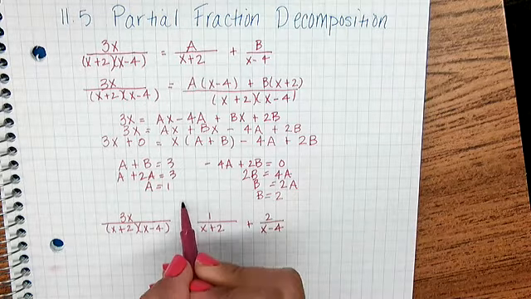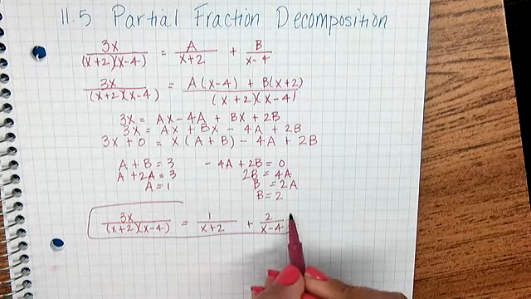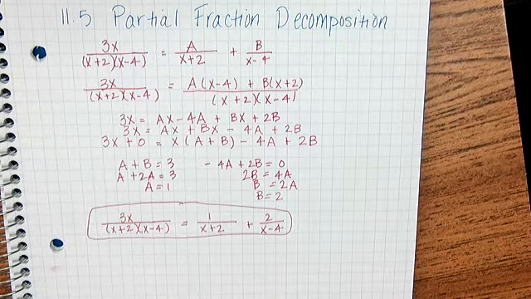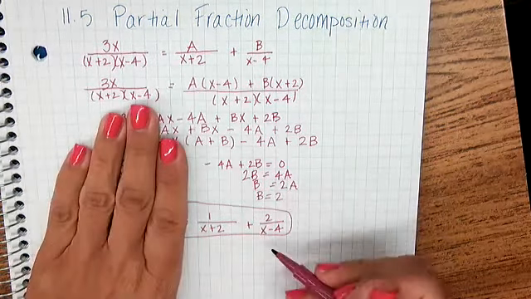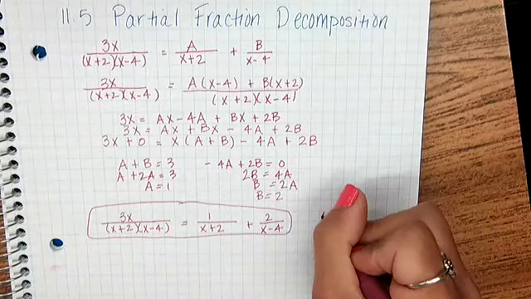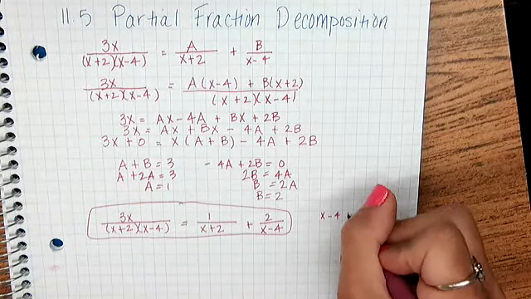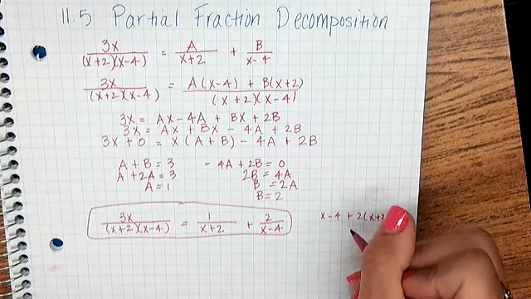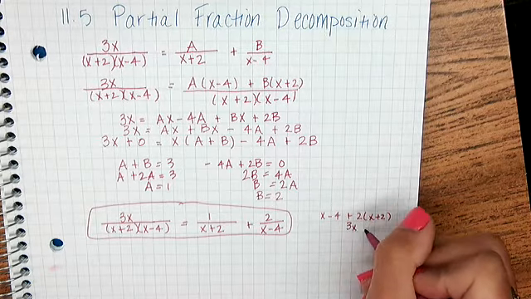And you know what? You can always check your work. I'm going to check. This is x minus 4 times 1 plus 2 times x plus 2. And that is indeed 3x.